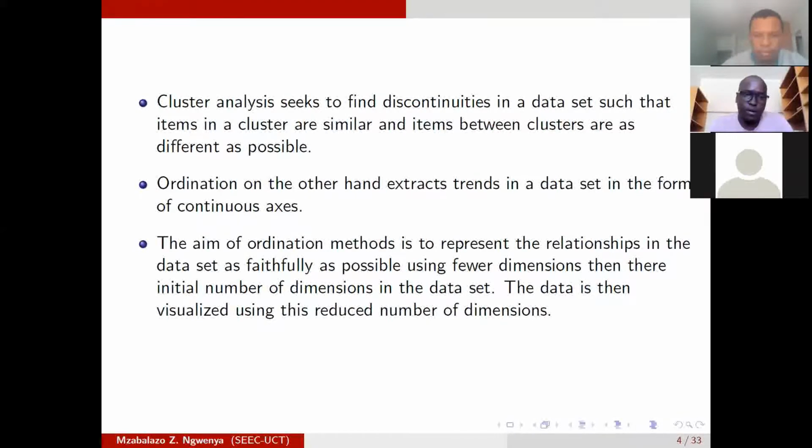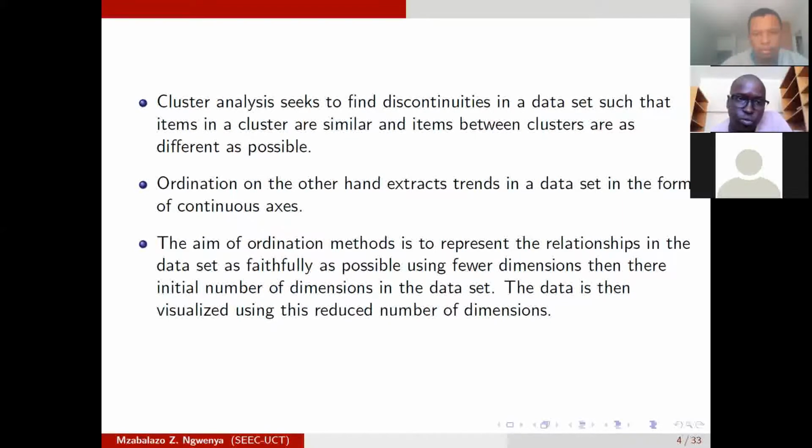So take, for example, our matrix, where you have sites and different environmental variables. One way of viewing that dataset would be to try and plot the sites in that highly dimensional space with all your environmental variables. But then it might be hard to visualize the patterns in the dataset.